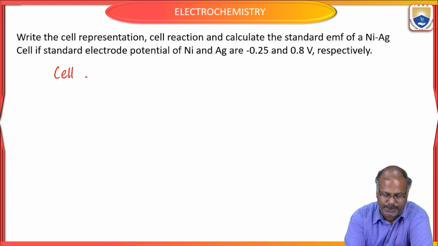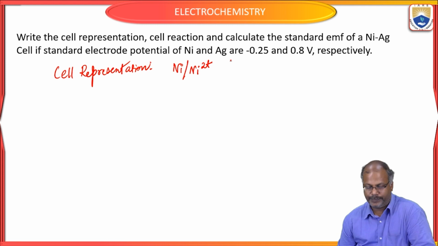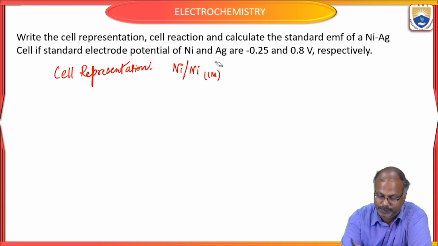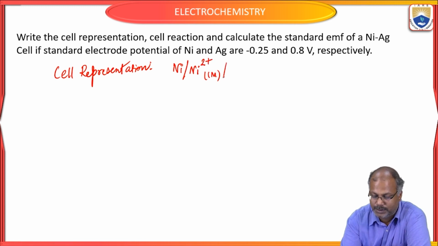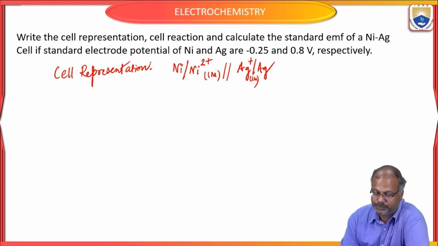Now the cell representation: nickel bar, nickel 2 plus, 1 molar, salt bridge, then Ag plus, Ag. So this is the cell representation.